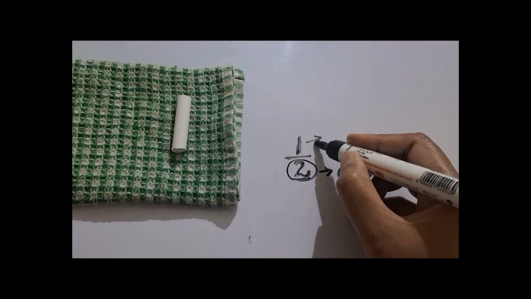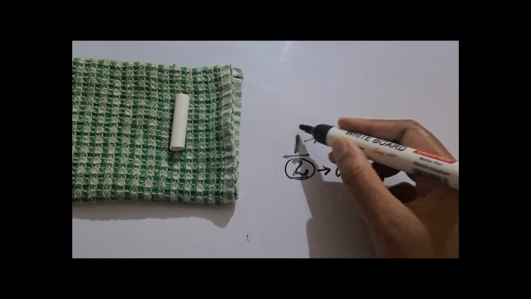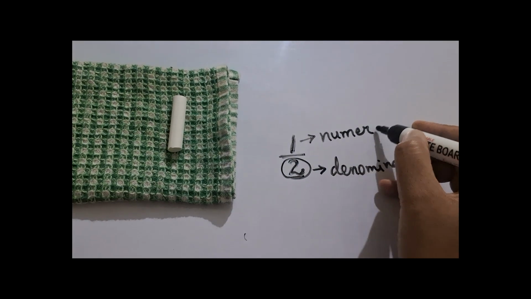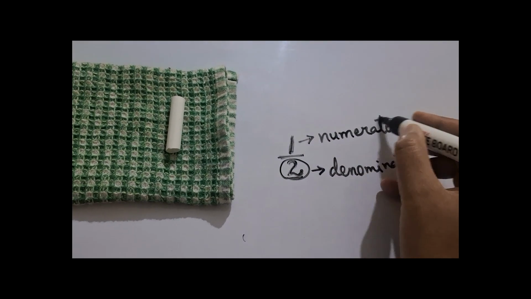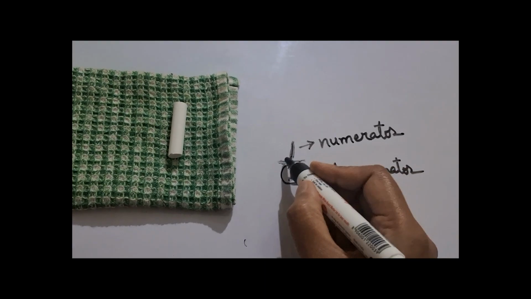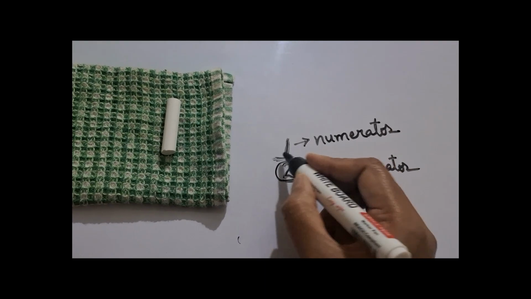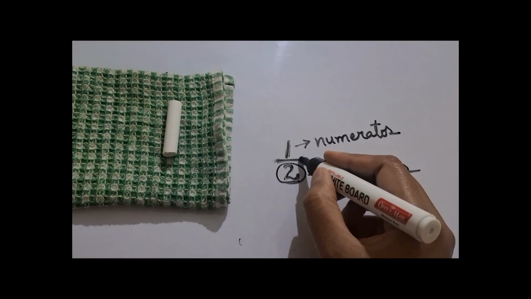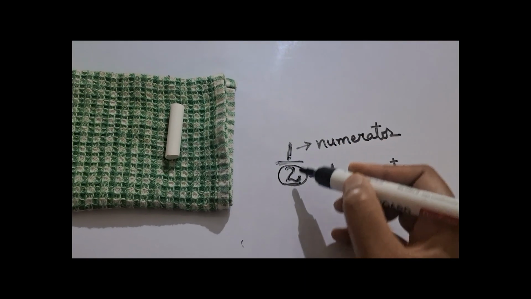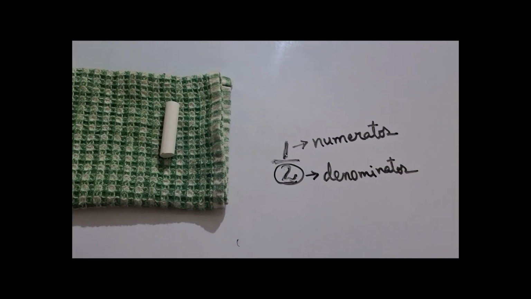So this up number is called the numerator. And this bar is called the fraction bar. Okay, children? This is the fraction bar. This is the numerator. This is the denominator.